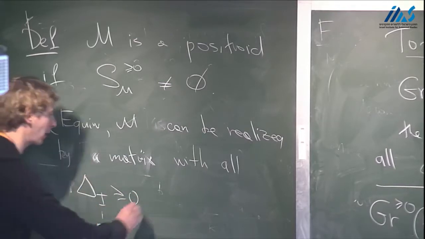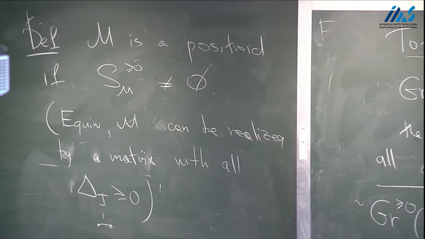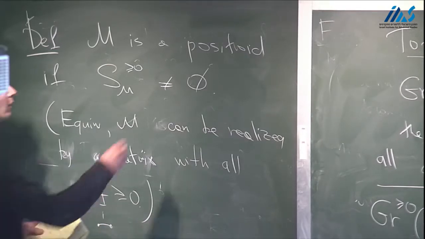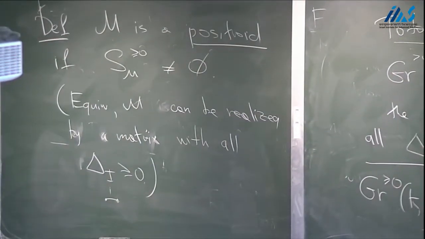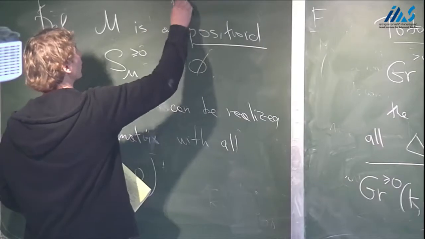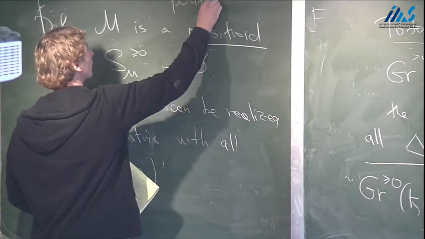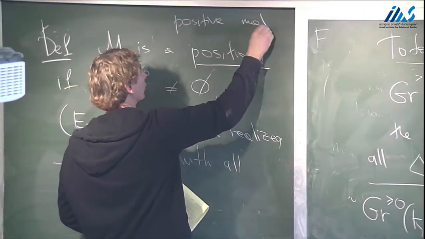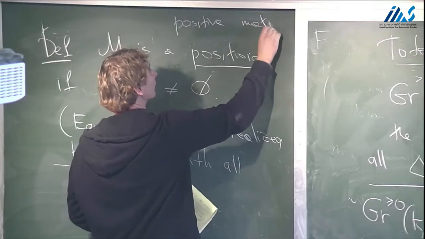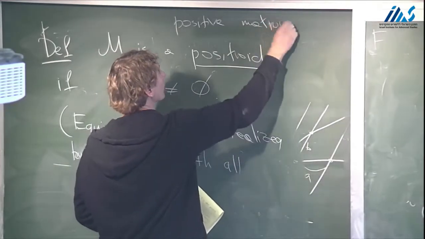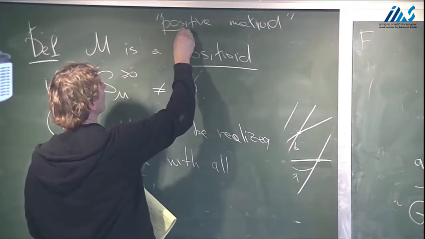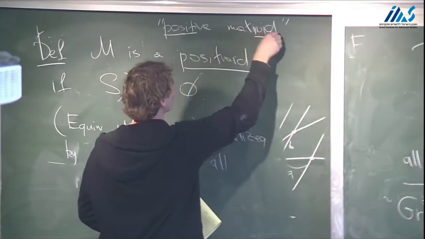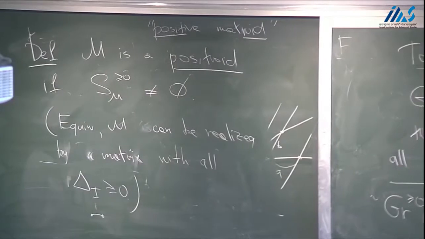So if you can realize your matroid by such a special matrix, then we call it a positroid. Positroid is an abbreviation for positive matroid.